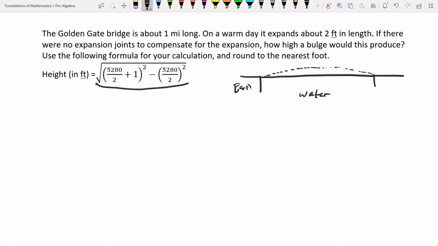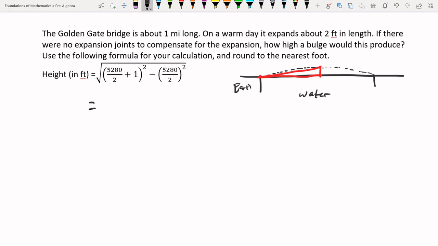So it'll actually bulge up, or it'll bulge down. And all we're doing here is asking, in red here, what is this bulge? You can create a triangle out of that and use the Pythagorean Theorem to find it. That's where this formula comes from. All we really have to do is solve this thing, use PEMDAS and everything, and then we'll be good to go.